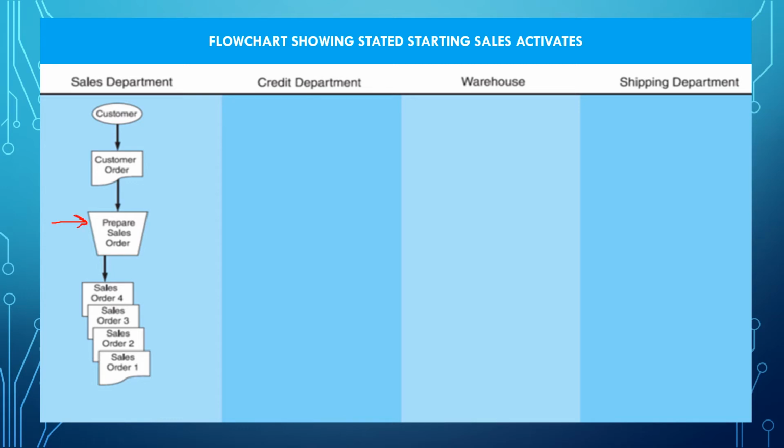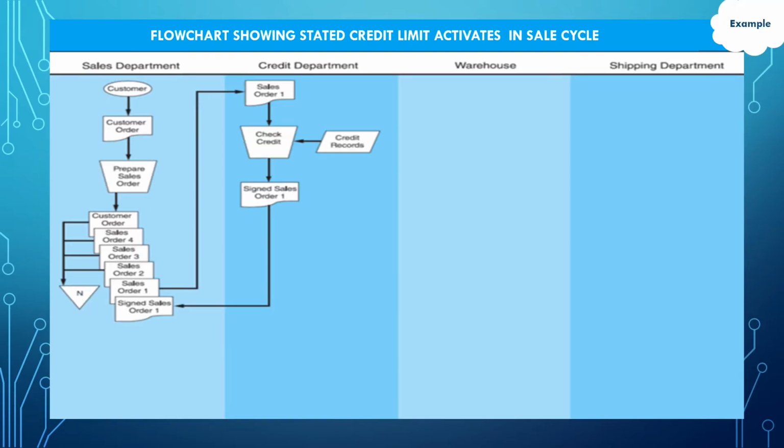This is the manual process of the sales order, and there are 4 copies of the manual document. Then it moves, shown by the arrow, to the next department for processing. Again it uses a manual process to check the credit, using the credit records, and this symbol is for the journal.